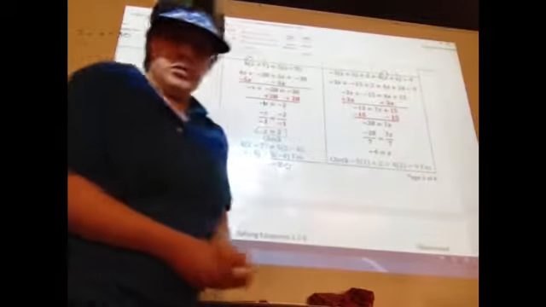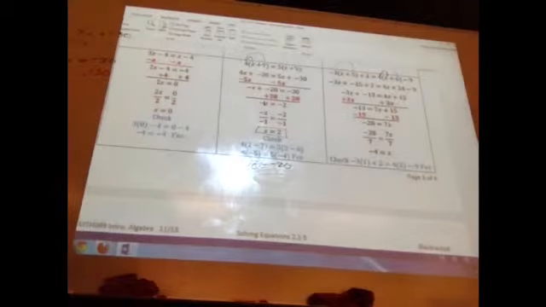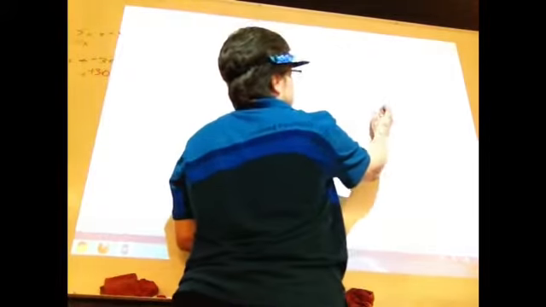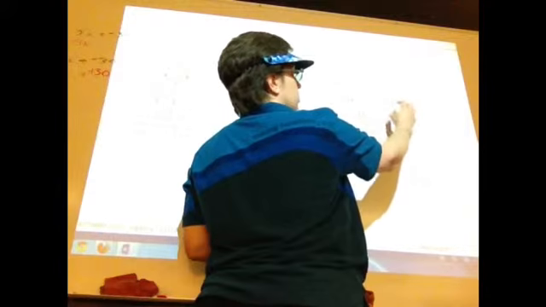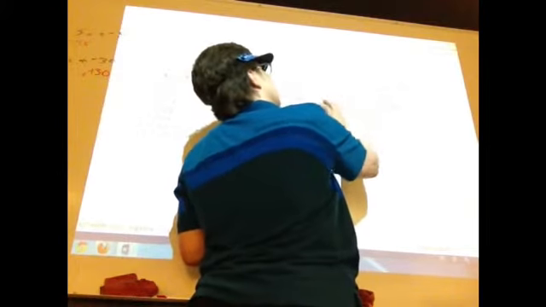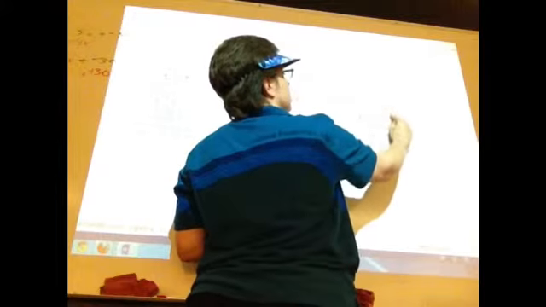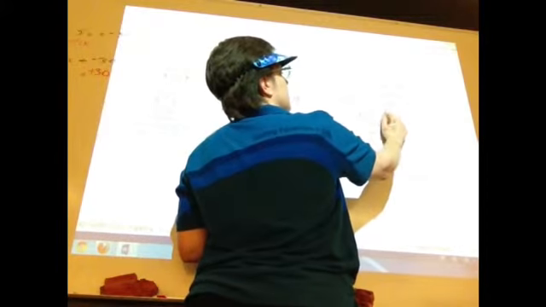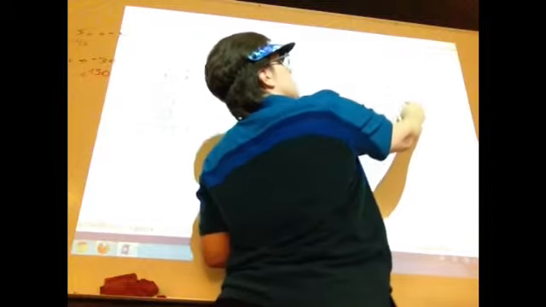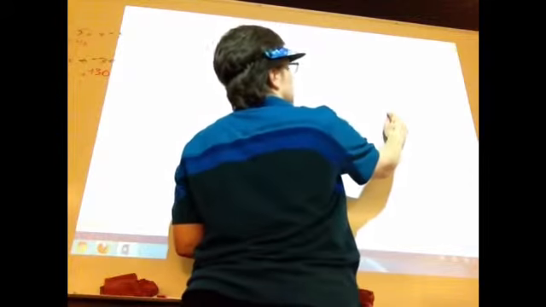Alright. So now the next step of the algorithm says, use addition and subtraction to move all the constants to the other side of the equation. I got all my variables on the right, so now I need to get all my constants, my plain numbers, to the left, which means I got to get this 15 out of here. It's adding a positive 15, so to do the opposite, I'll subtract the positive 15.